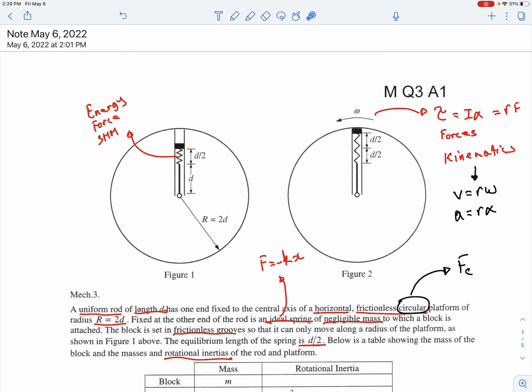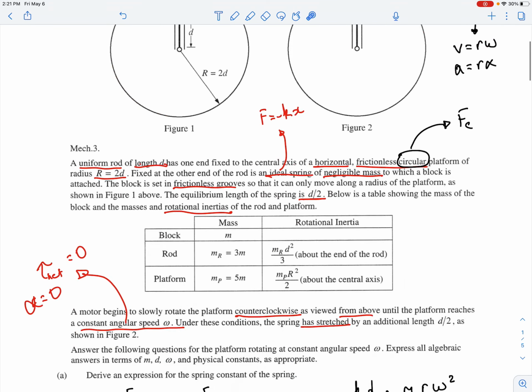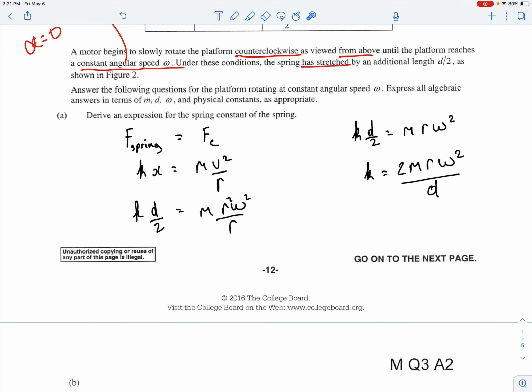Why is it a point mass? Because the axis of rotation isn't on the object itself. Therefore, you simply treat it as a point mass.